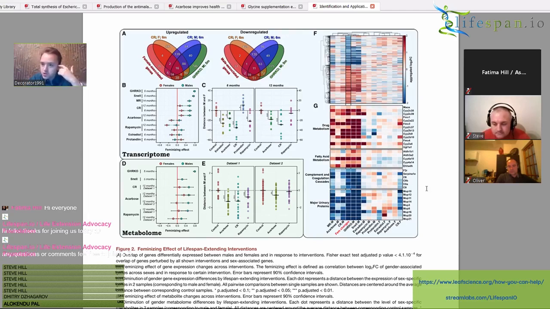What is interesting here is that almost all of these pathways are known to be regulated by growth hormone. So it seems that the majority of these genes involved in the feminizing effect can be explained by a single molecule, basically.